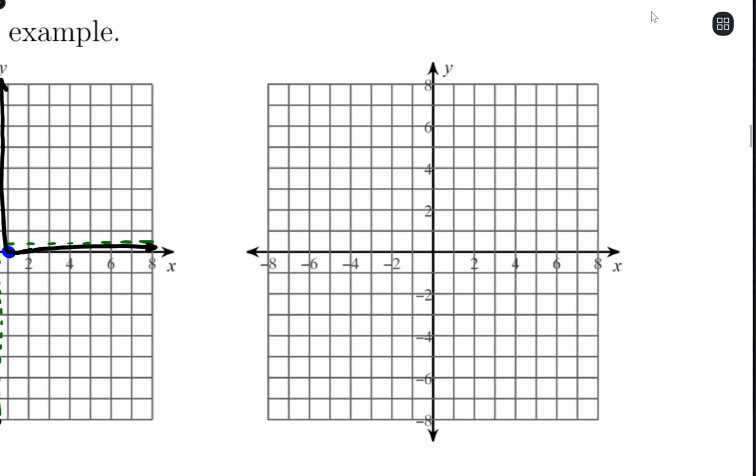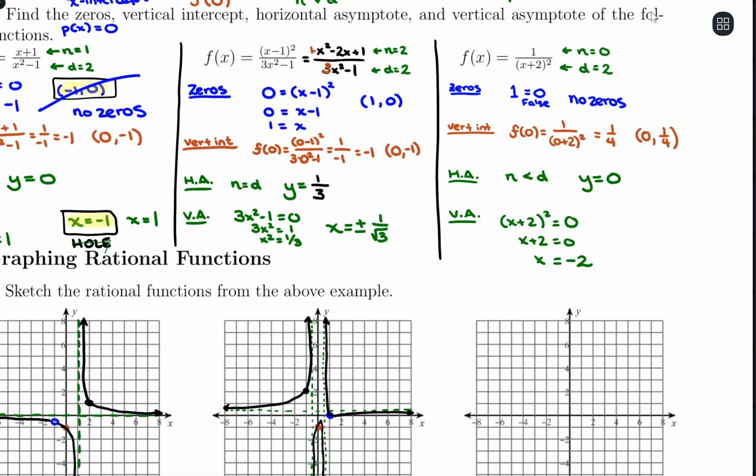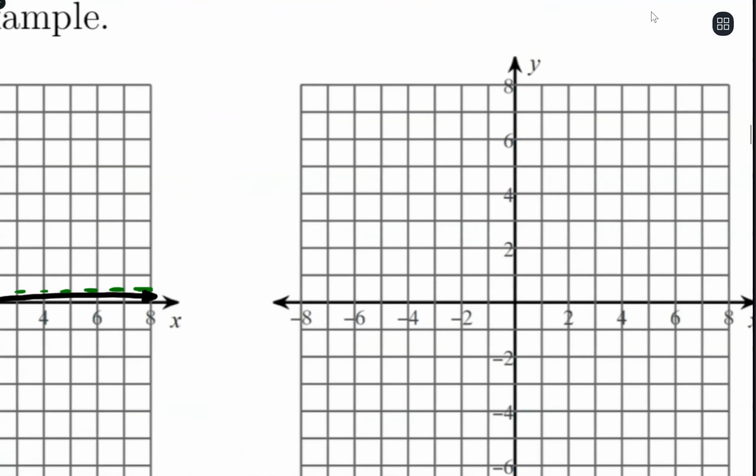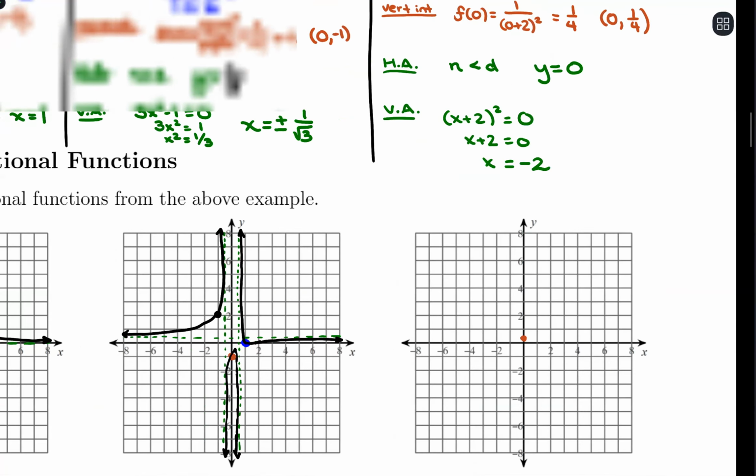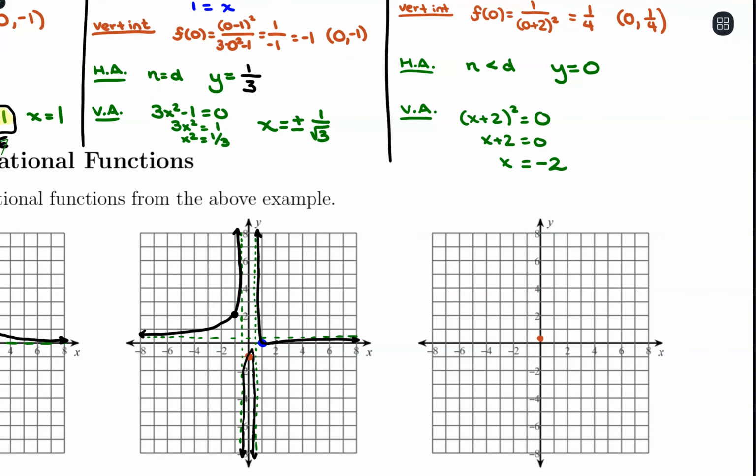Okay, our last one here. So we have no zeros for this one, so I don't have any points to plot there. We have a vertical intercept at (0, 1/4), so I'm going to graph that as best I can. We have a horizontal asymptote at y = 0.